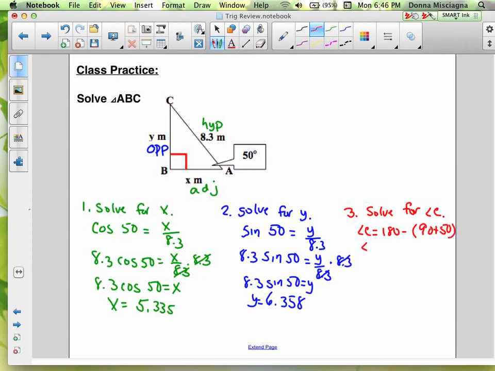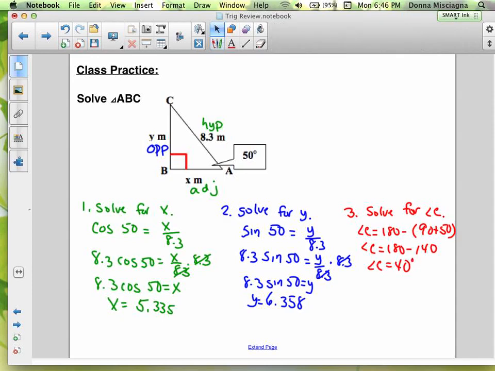That means angle C is 180 minus 140, or 40 degrees. All right, not too difficult to figure out that missing angle. And another triangle has been solved.